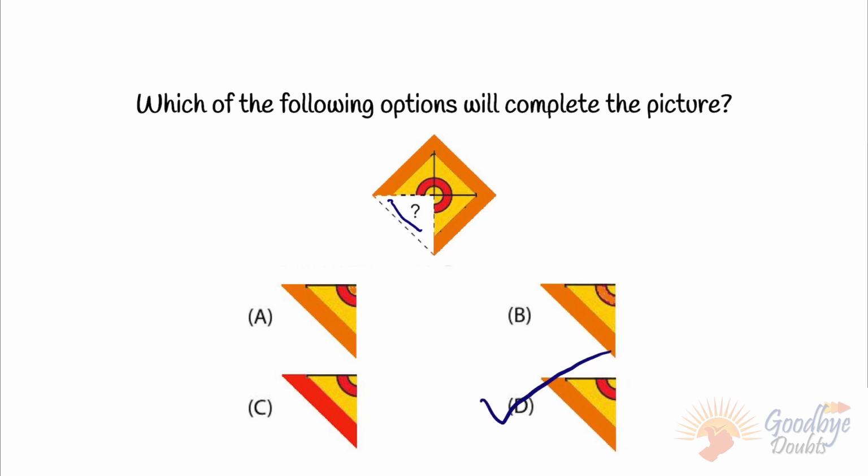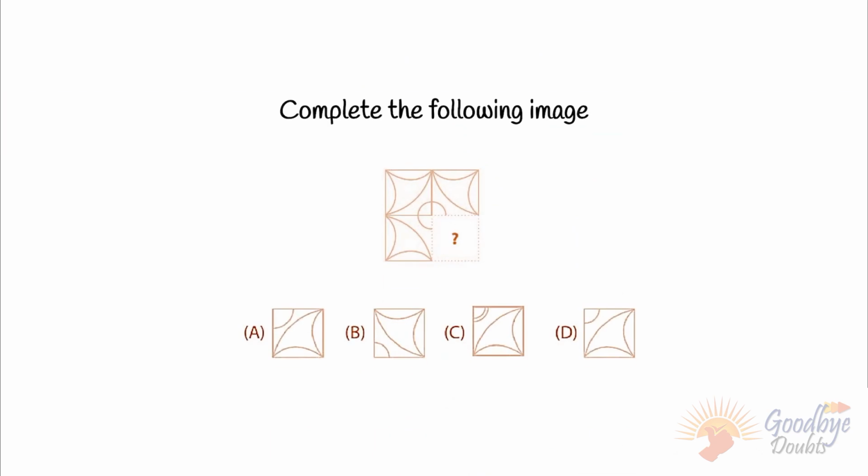Let's look at another example here. Complete the following image. Every image will have this and a circle. So I'm looking for something which has this and this. I can remove this and this, because these two do not have a circle and that kind of figure.